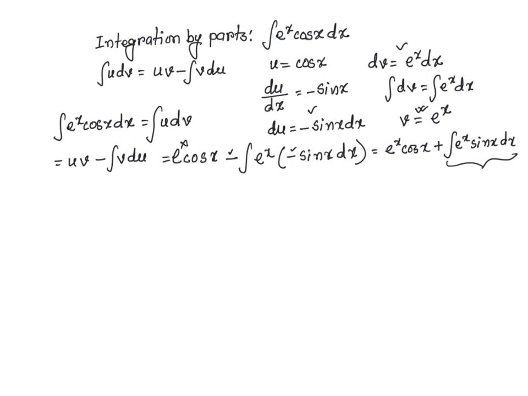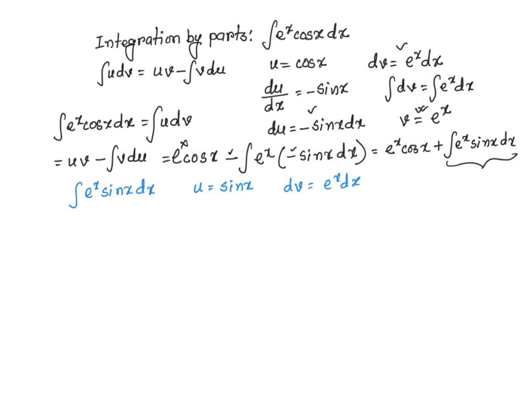So my integral is e to the power x sine of x dx. And I do the substitution as follows. My u is going to be sine of x, and my dv is going to be e to the power x dx.